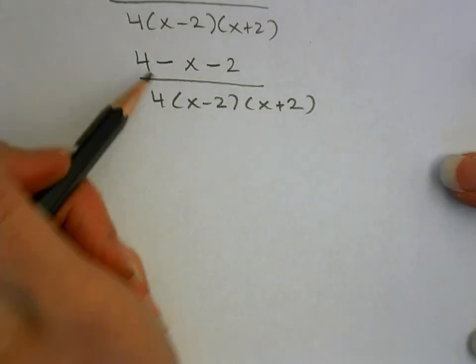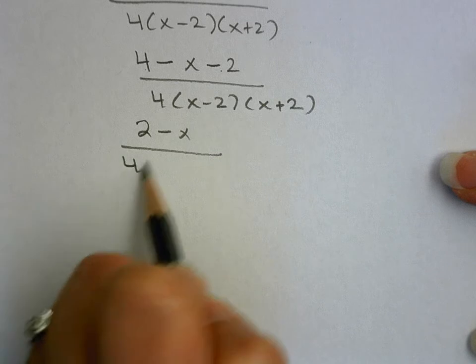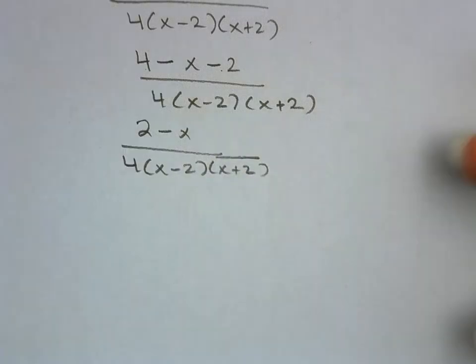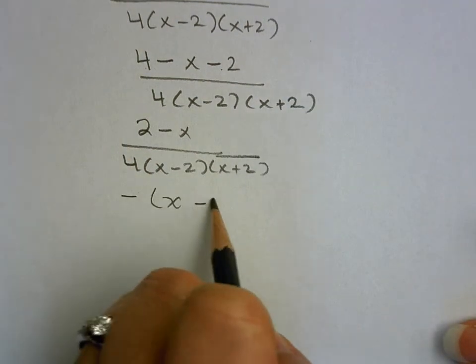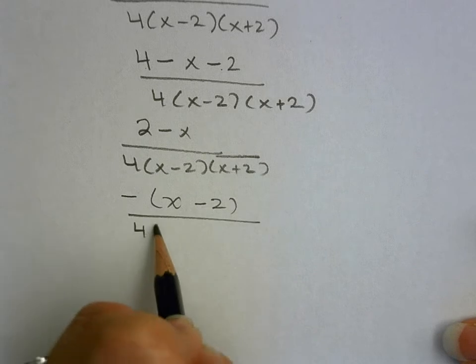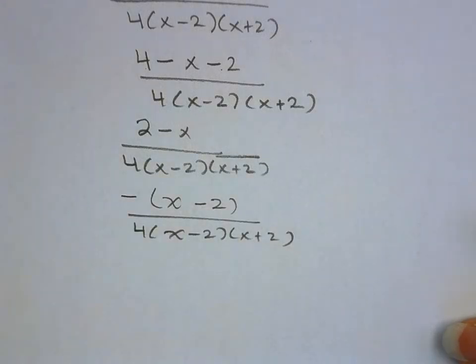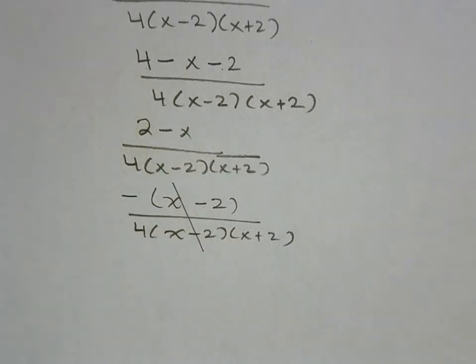So 4 minus 2 is 2. And then I can factor out a -1, so I'm going to do that. And then cancel my x minus 2's. Okay, so as soon as I cancel that factor, now this is when I want to take that limit.